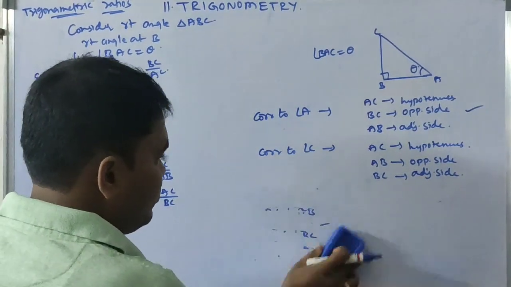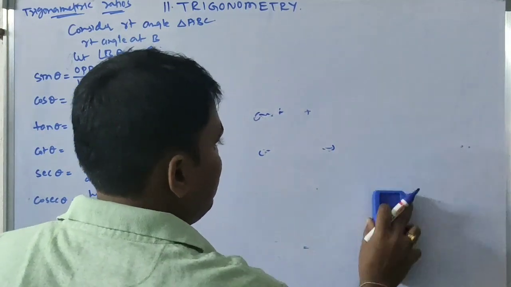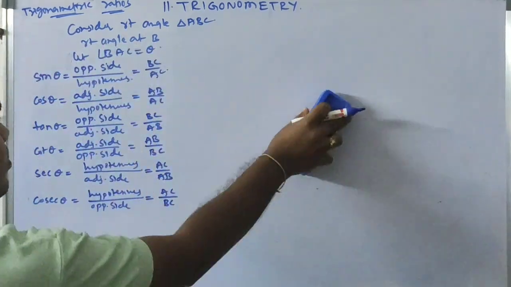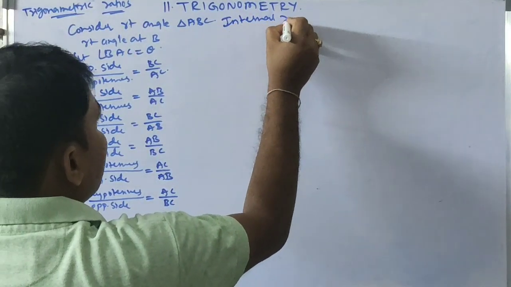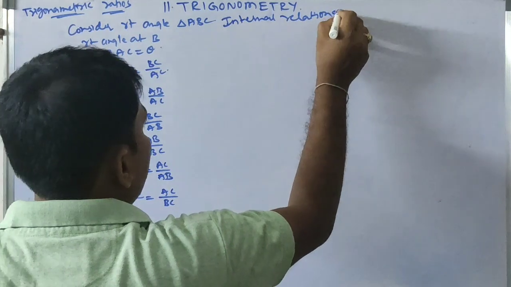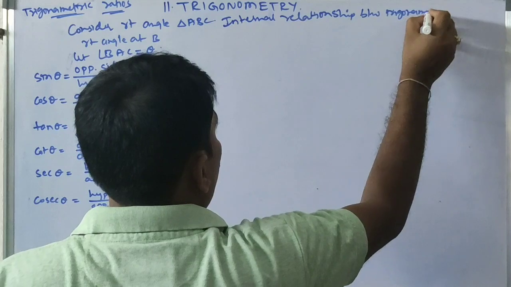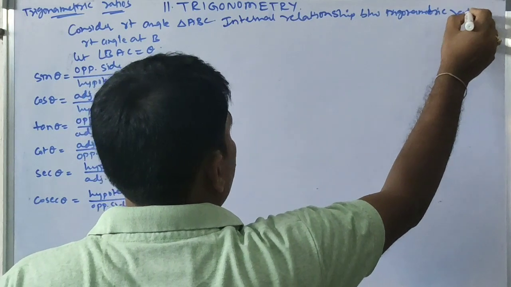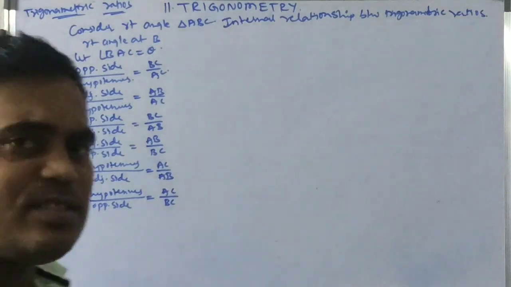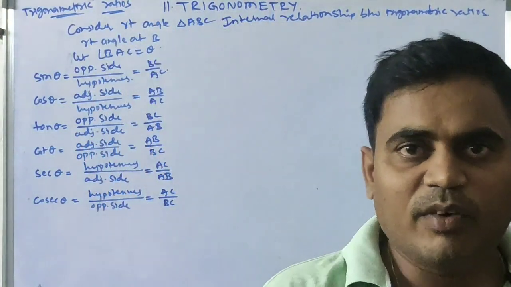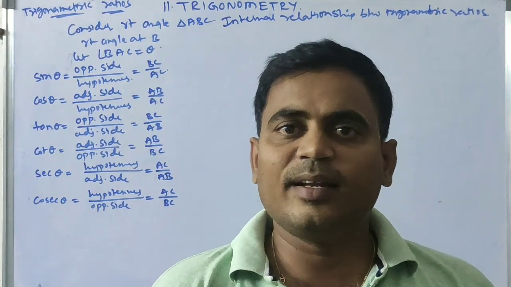Next, internal relationships between trigonometric ratios. What is the internal relationship? The relationship from one trigonometric ratio to another trigonometric ratio is called the internal relationship.